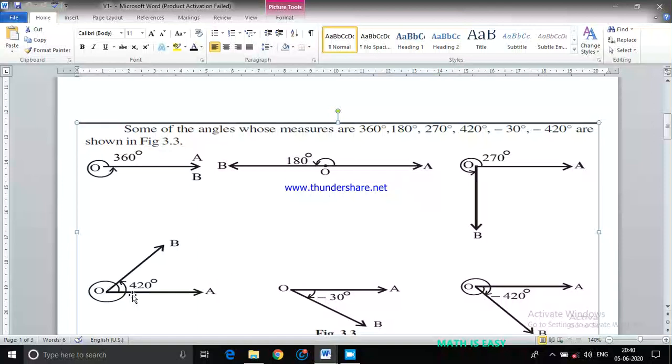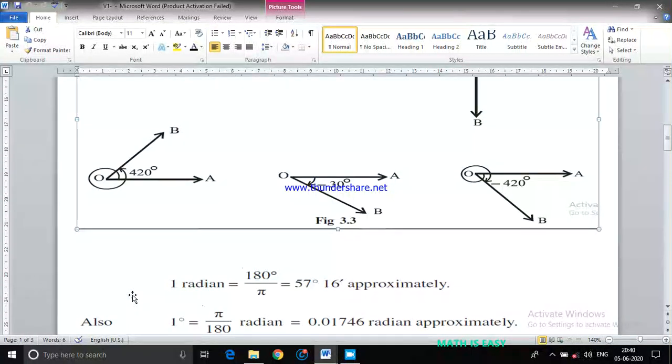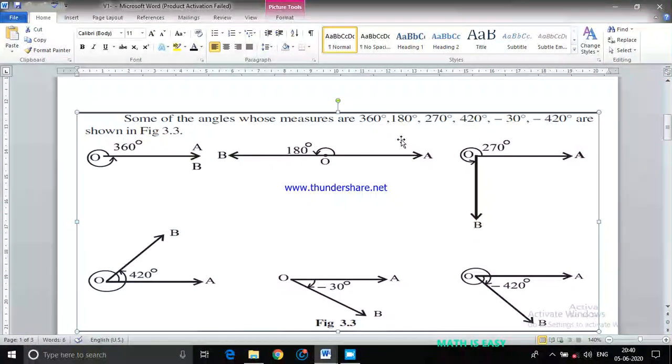Now if I want 1080 degrees, then three complete circles, because 360 into 3. 360 degrees I have to rotate 3 times, then it will give me 1080 angle. So like this, we can rotate as much as we wish. Hope positive angles, negative angles, and the representation of the angles might be clear to you.